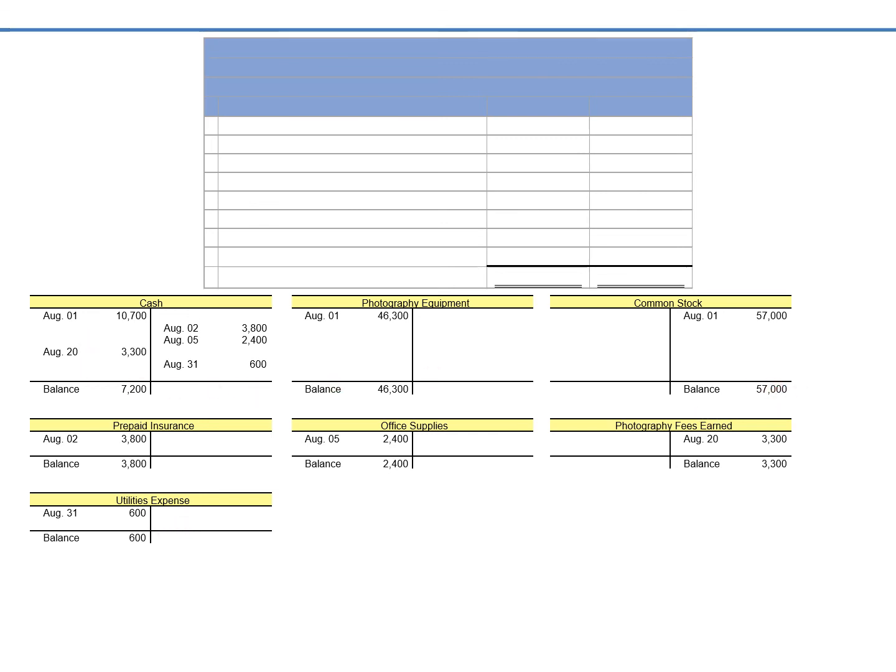And then we prepare the trial balance, right? So, name of the company first, Pose for Pics. Trial balance for the period of August 31st. Account titles, debits in the left column, credits in the right column. And then asset accounts go first, right? So you have cash.